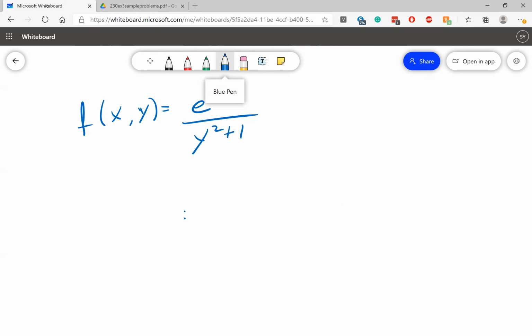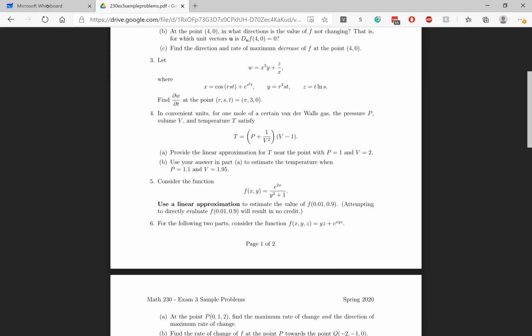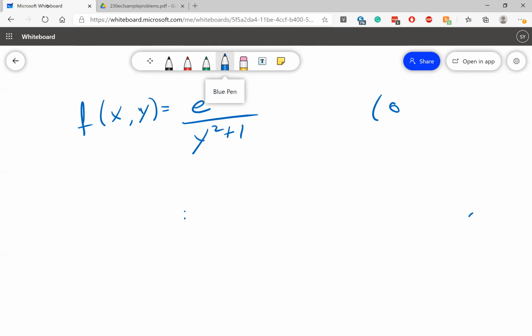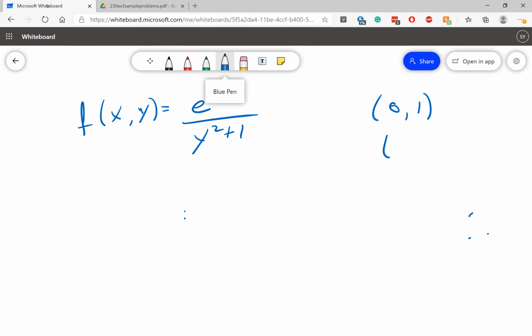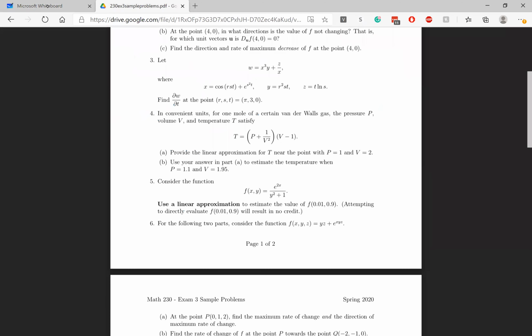And we're going to try to build a linear approximation around the point (0, 1), so that we can approximate what this is at the point (0.01, 0.9).